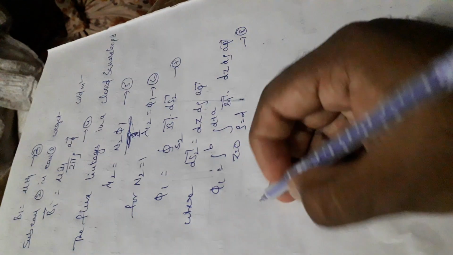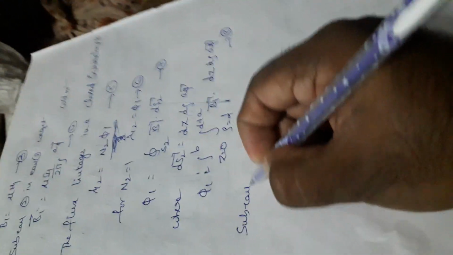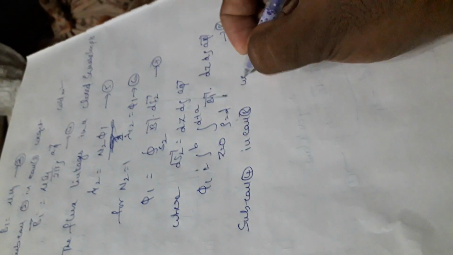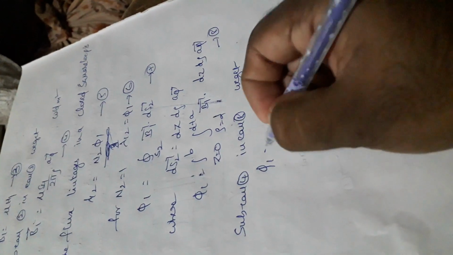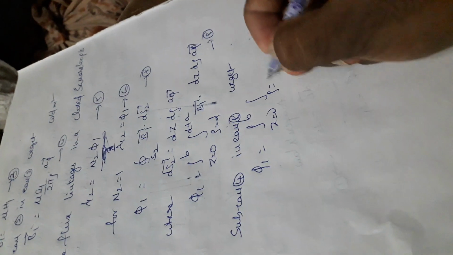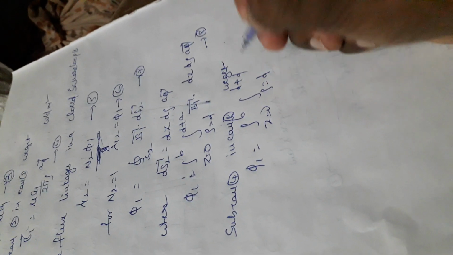We know the value of b1, substituting equation 4 in equation 8, we get phi 1 is equal to z is equal to 0 to b, rho is equal to d to d plus a.